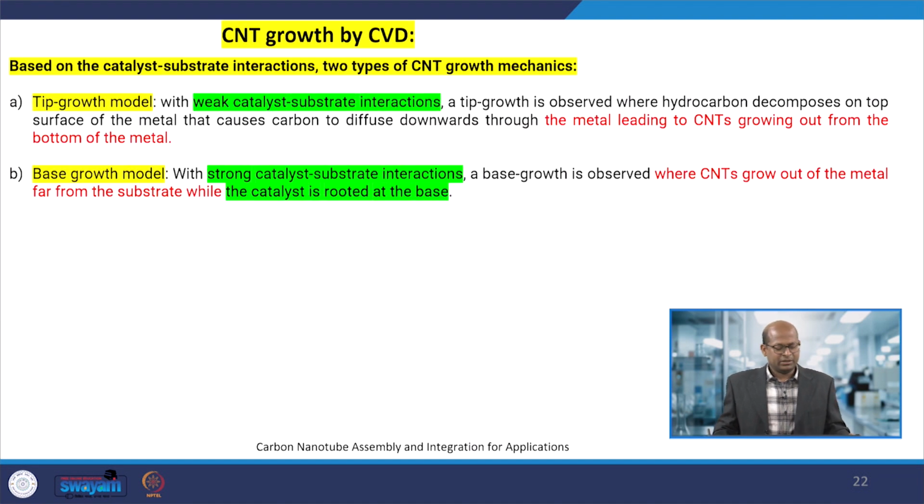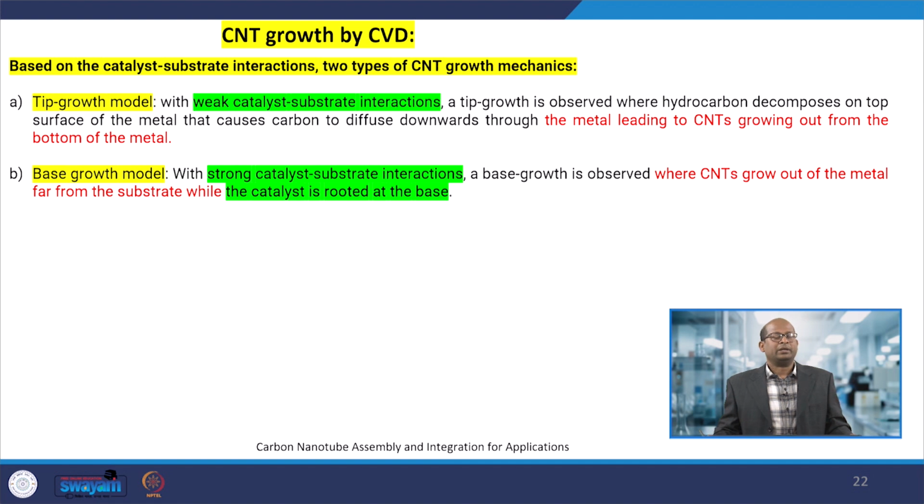Okay, next we will discuss CNT growth by CVD. There are two different types of growth models possible.